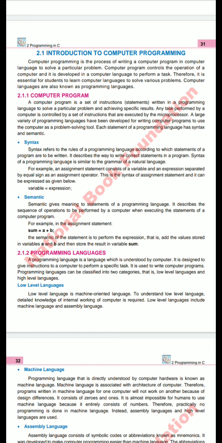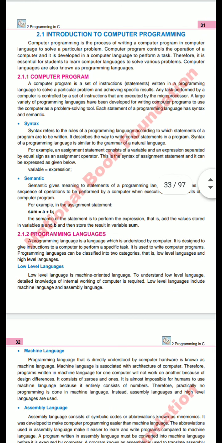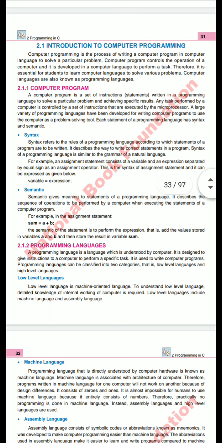Topic 2.1.1, Computer program. A computer program is a set of instructions, statements written in a programming language to solve a particular problem and achieve specific results. Dear student, if we want to solve any problem, we will use some computer language or program, and the set of instructions will help us solve the specific task.